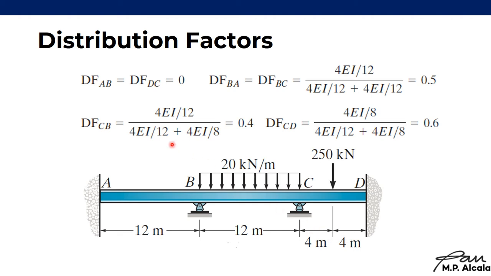And for DFCD, that will be 4EI over 8 over the same sum, where 12 is the length of CB and 8 is the length of CD. Always take note, class, that every joint must give you a distribution factor sum of 1. If you sum 0.4 plus 0.6, that will be 1. Take note of that.